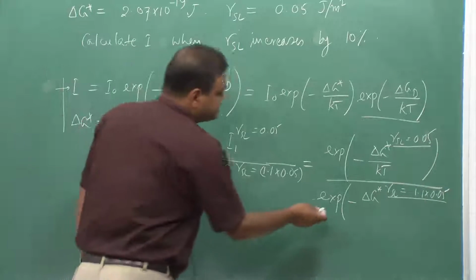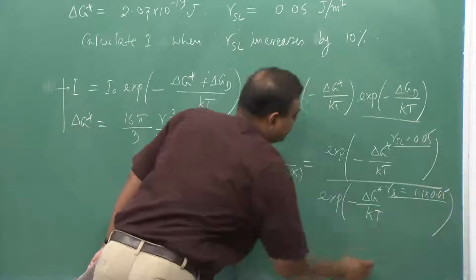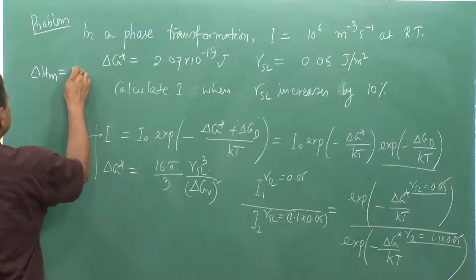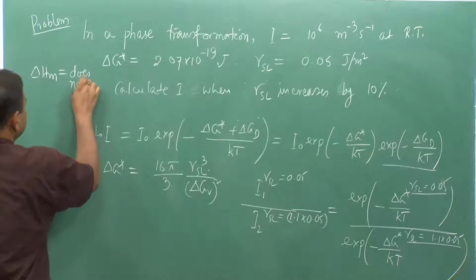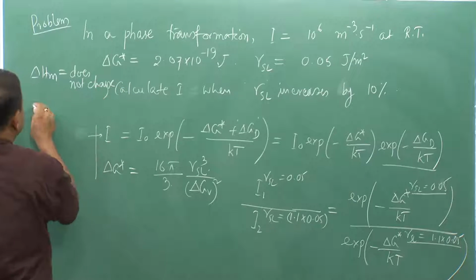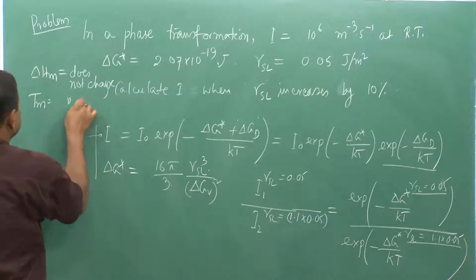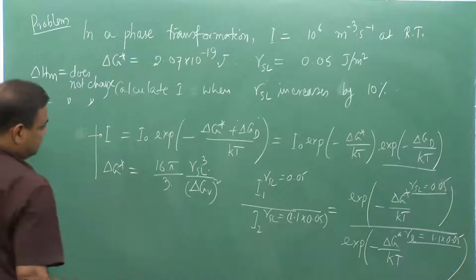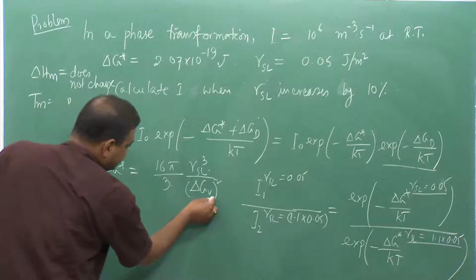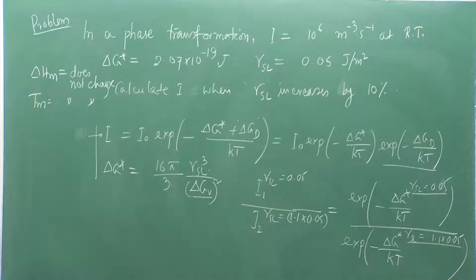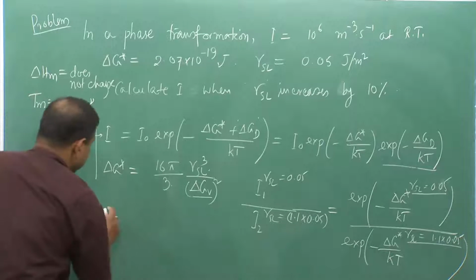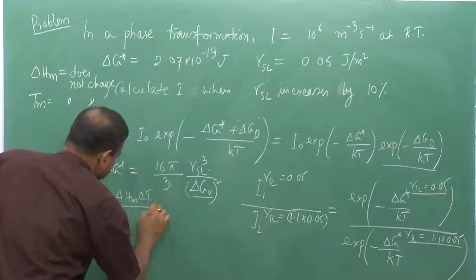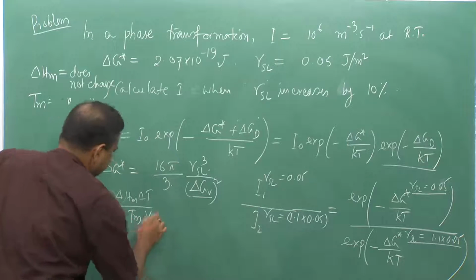And interestingly, as we have mentioned, del Hm does not change, as well as Tm does not change. Now, if we see this expression, this part actually does not change, because this part contains del Hm, del T, Tm, Vm.